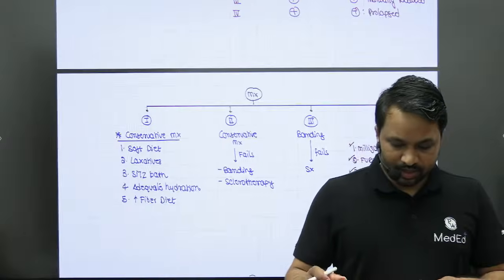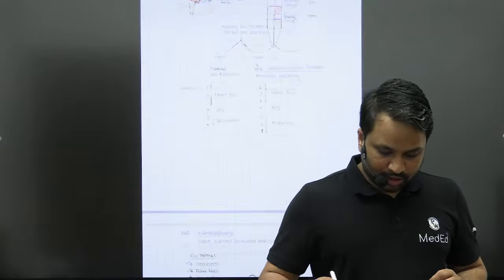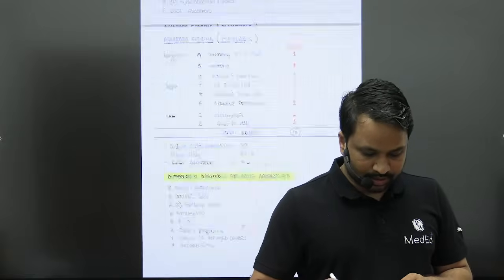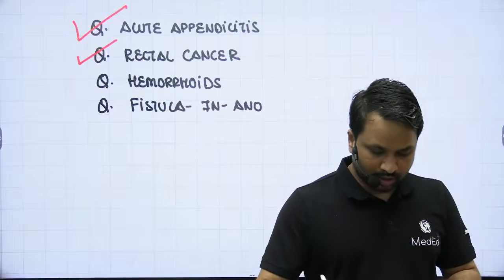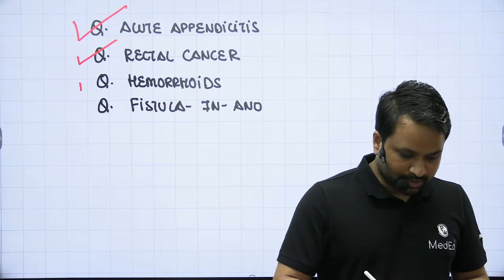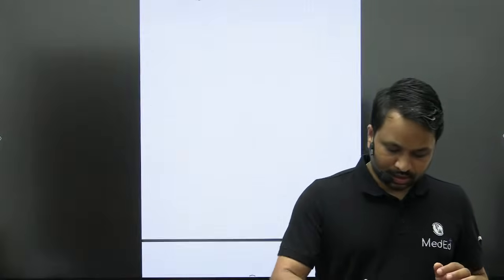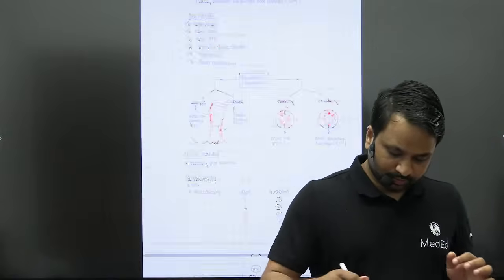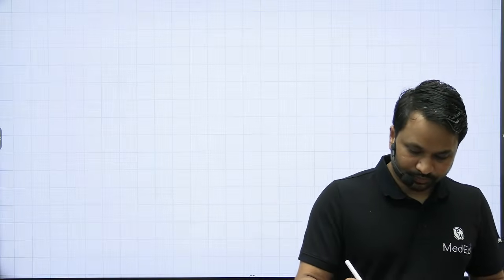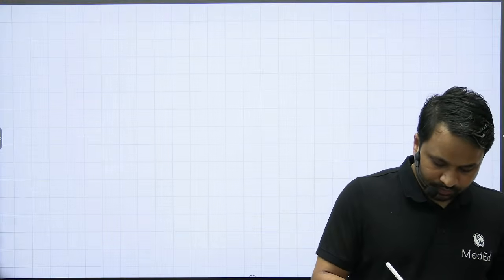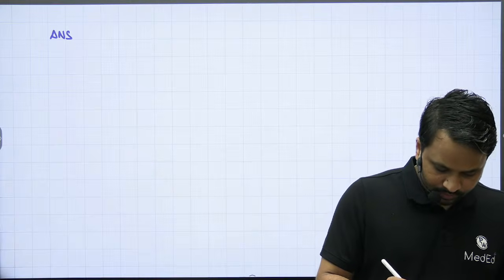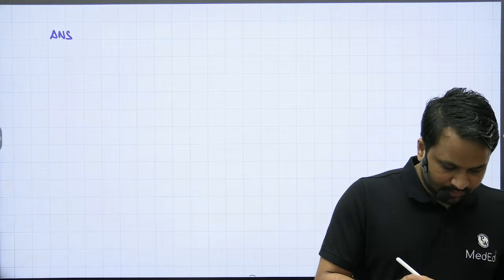Okay. So we finished our third question as well, and that is hemorrhoids. The last question that you should be knowing is fistula in ano. So let's go to fistula in ano.